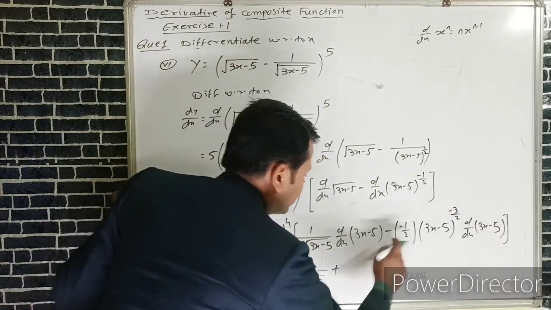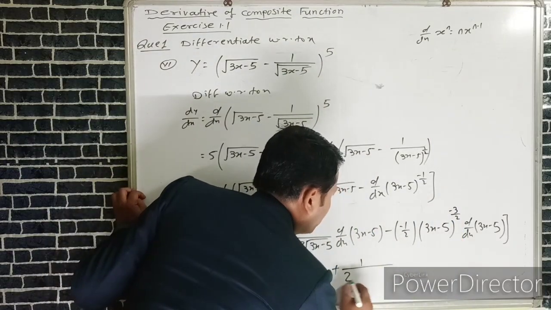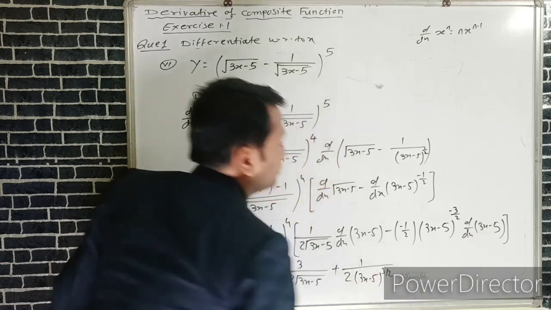Hence we can write it 1 upon 2 into (3x minus 5) whole raised to the power 3 by 2.